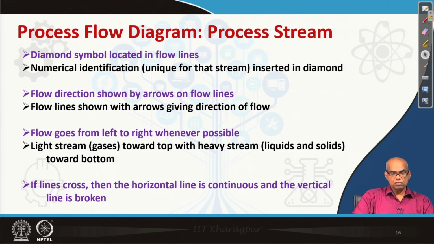If lines cross, then the horizontal line is continuous and the vertical line is broken. So, these are the features for the process stream. We must remember this when we represent a process stream.